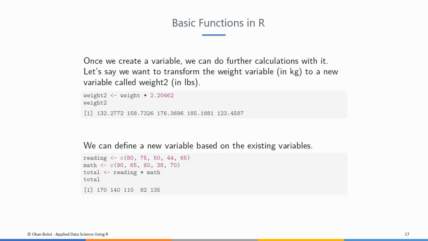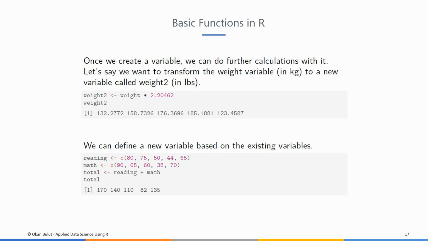That way I don't override my existing weight variable. When you print weight2, it will give you the adjusted weights as pounds.